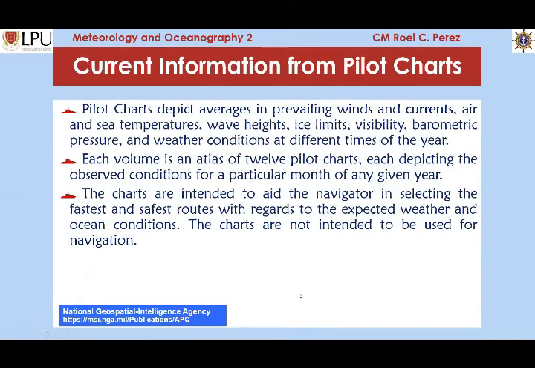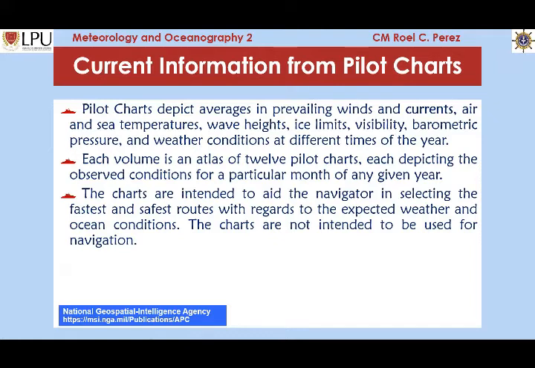Okay, so next, we have current information from pilot charts. Pilot charts depict averages in prevailing winds and currents, air and sea temperatures, wave heights, ice limits, visibility, barometric pressure, and weather conditions at different times of the year.